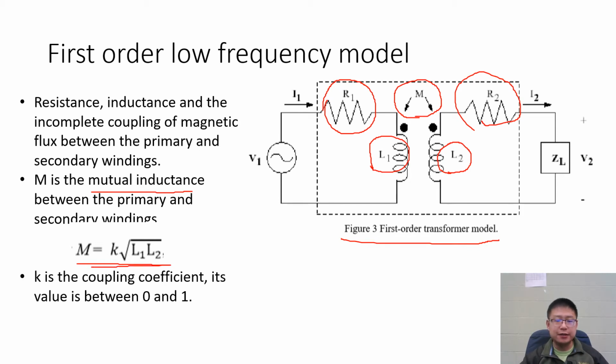And K is the coupling coefficient, which is between 0 and 1. In this lab, we will carry out experiments and calculations to obtain the values for R1, R2, L1, L2, and M.